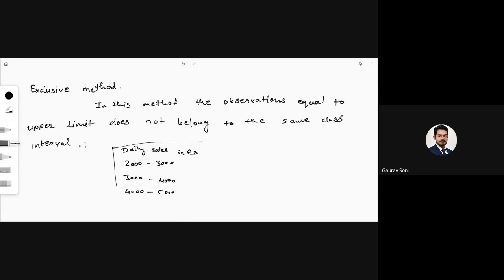Again, in this data, you can see that if there is a daily sale of say 3,000, it won't be included in this class, but it will be included in this class. So the upper limit is excluded from this class interval, and hence the method of classification that we are using over here is called the exclusive method.